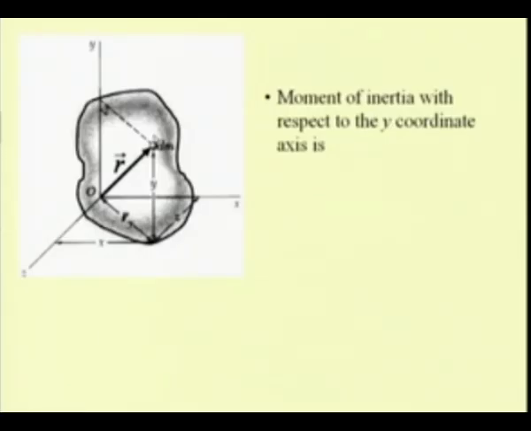Let us say now we are interested to know the second moment of a given body with respect to the principal axes, with respect to a particular coordinate system. Let us say we are interested to find the second moment with respect to x, y, z, etc. Because we have seen earlier that a motion or the angular velocity can be decomposed along their coordinates, that is x, y and z.